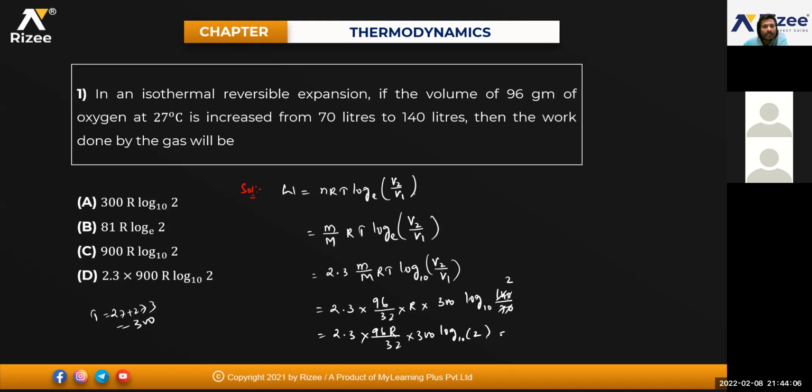The answer is in terms of log to the base 10 only. It will be 2.3 into log to the base 10 of 2 into T, and R as usual is there. 96 divided by 32, how much will it be, beta? Times 300 is 900. Yeah. So the fourth option will be the answer. Clear, beta? This one is 3, isn't it?